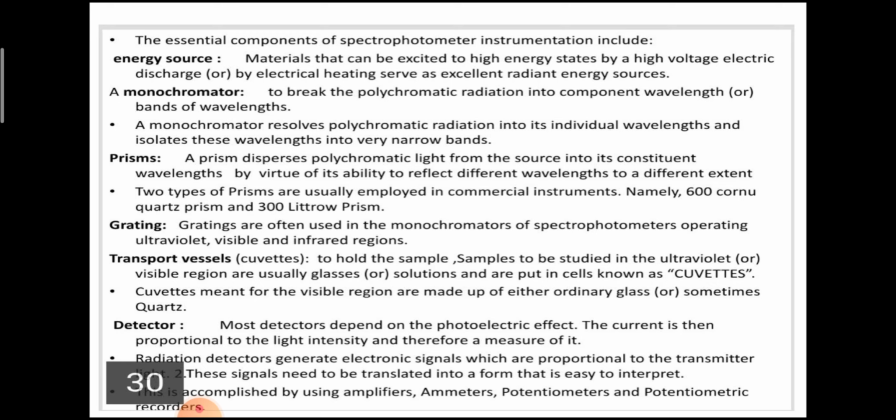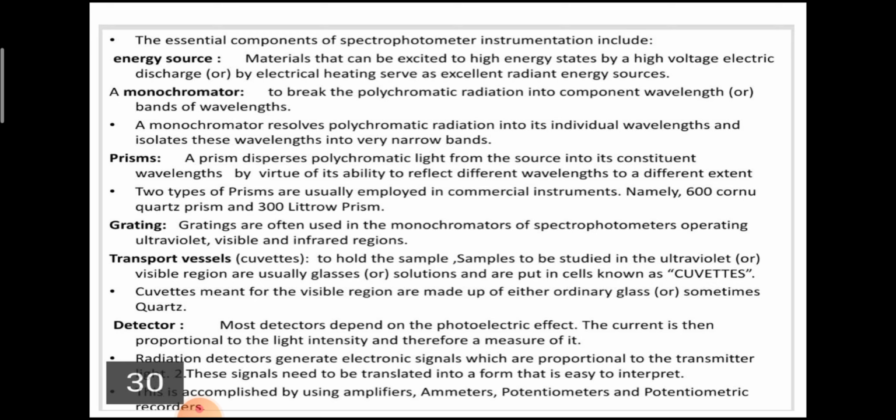So detectors. Photovoltaic cells or phototubes are used as detectors. Most detectors depend on the photoelectric effect, the current is then proportional to the light intensity and therefore a measure of it.